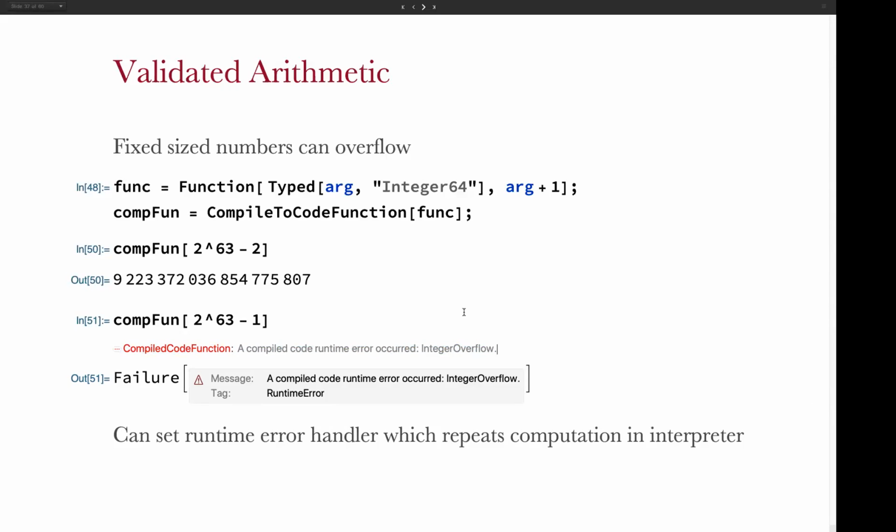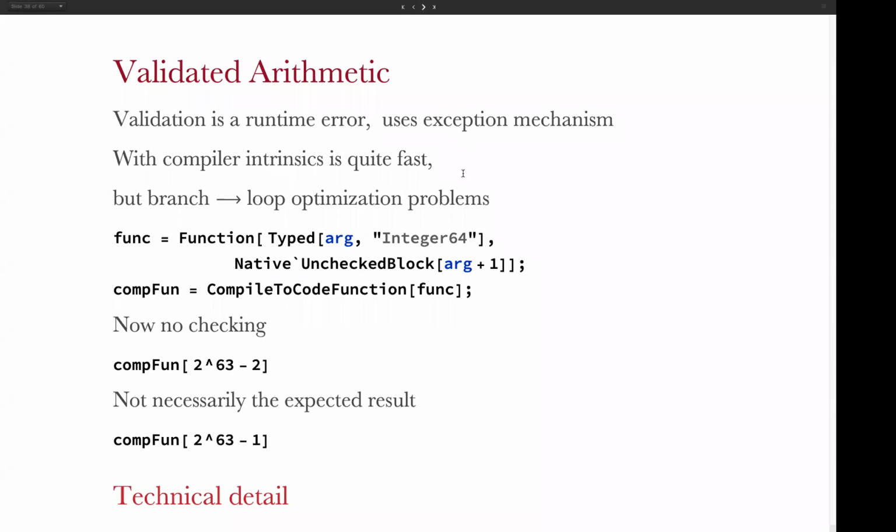It throws an exception, and in the interpreter we get this failure object out. Actually, you can set a runtime error handler which will repeat the computation in the interpreter, if you want to run your code but then fall back to something different. Now, this validation is a runtime error. We can't really catch this at compile time, and it's thrown an exception.